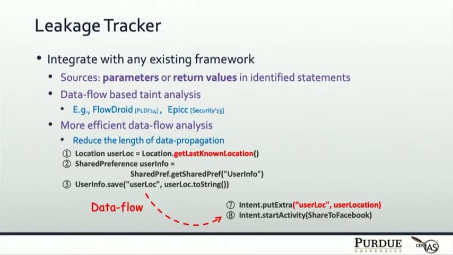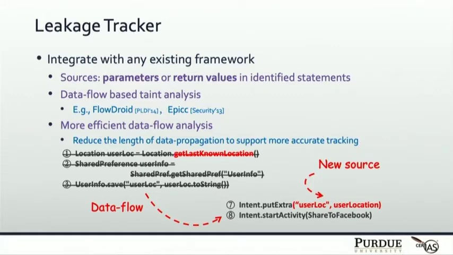However, with ClueFinder, we can directly confirm in line 7 and label it as location data because there are semantics in line 7. With this, it helps us to reduce the data propagation paths, reduce the length of this path. This will ensure more efficient and more accurate data flow tracking.